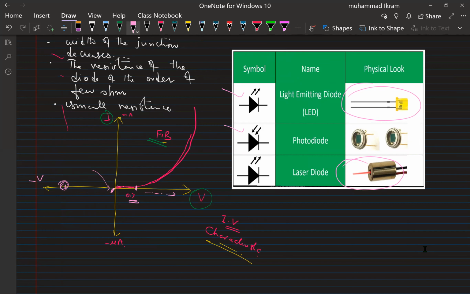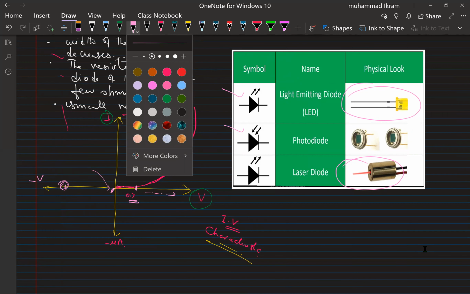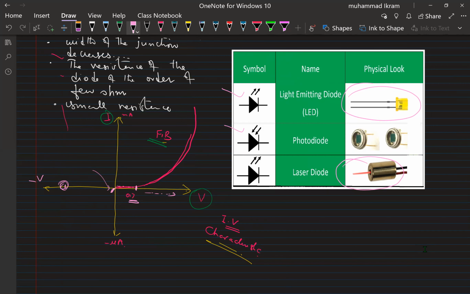In the beginning there is a small current, right, due to the thermal electrons present at the junction. And after that, when you increase the reverse voltage, the current does not increase, as you see. This current is only in the microampere range in the beginning.